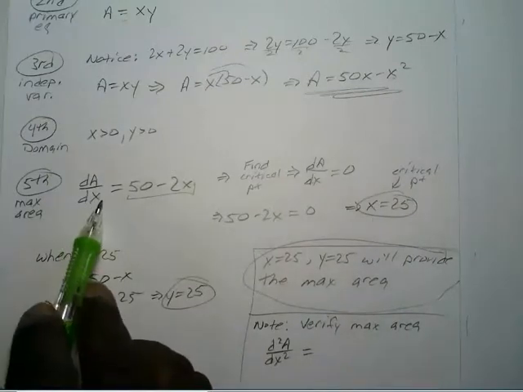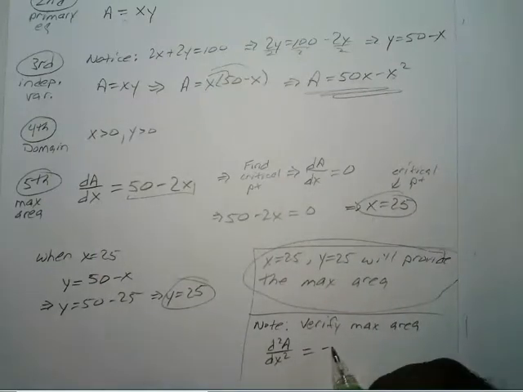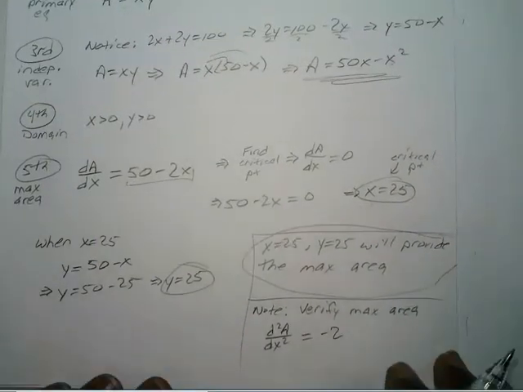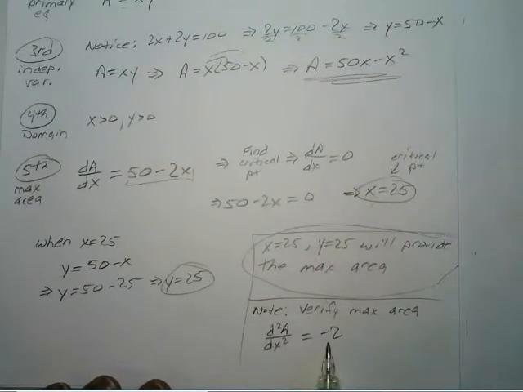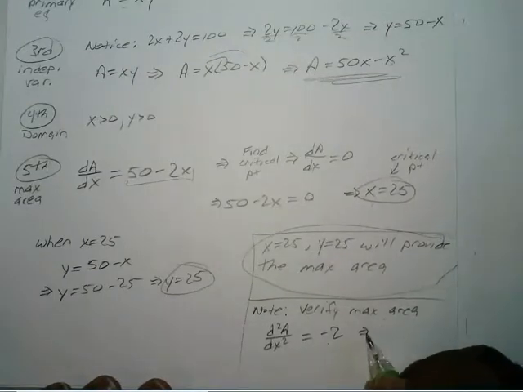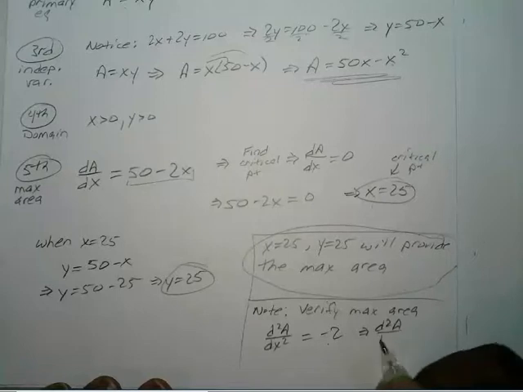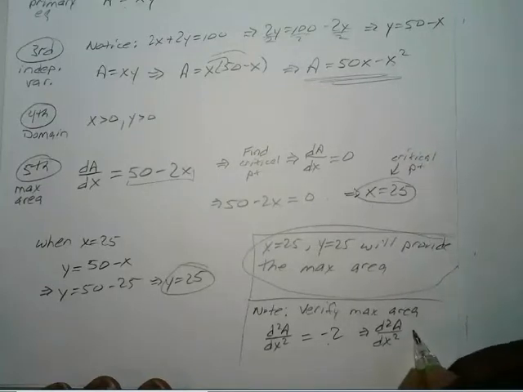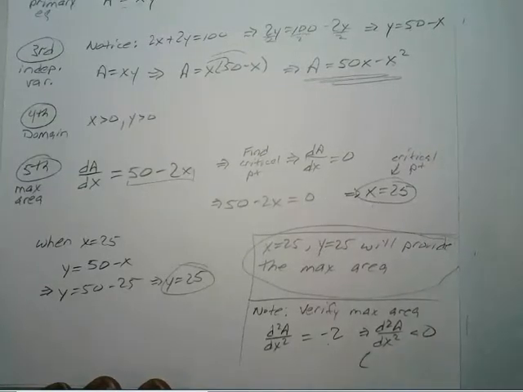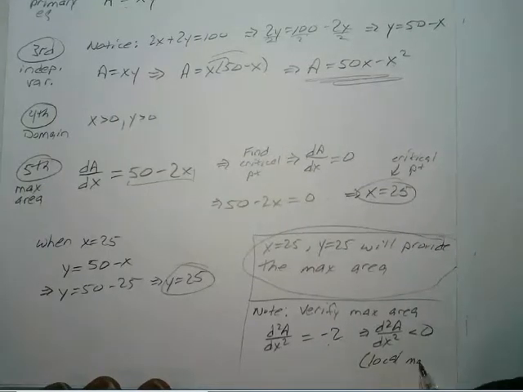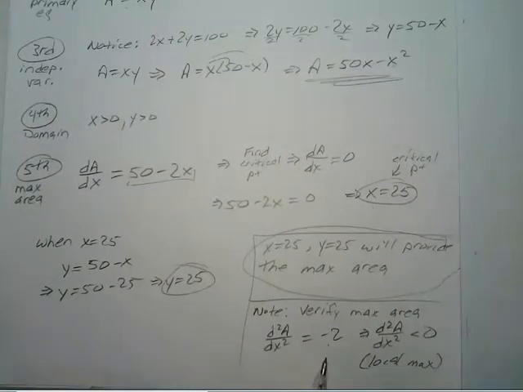So if we find the second derivative, that's going to equal -2. Okay, so since this is negative, we know that that's the local maximum. If it was positive, that would have been the local minimum, but it is negative, so that's your local maximum.